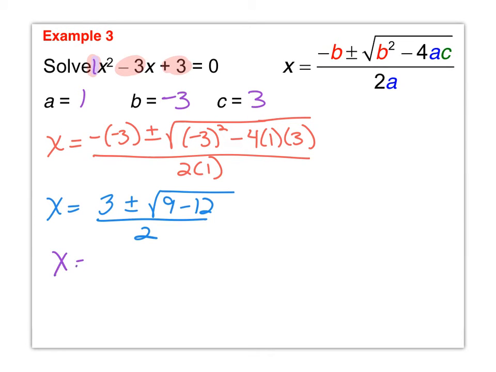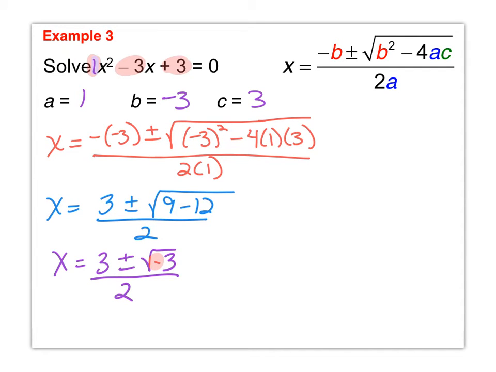Now let's continue to simplify. We have 3 plus or minus the square root of 9 minus 12. 9 minus 12 is negative 3. So it's going to be the square root of a negative 3, all divided by 2. Now the fact that we have the square root of a negative should be a flag that you have an imaginary solution.